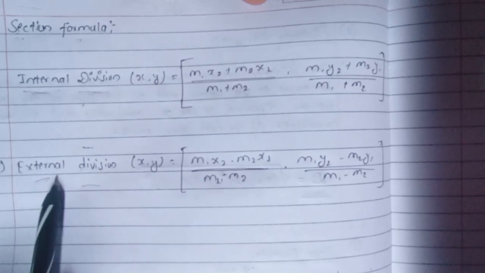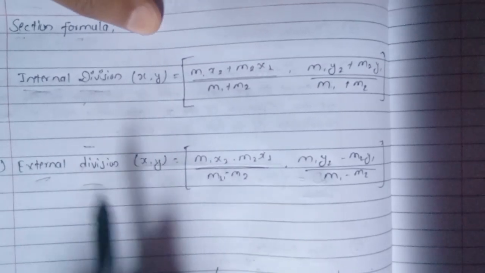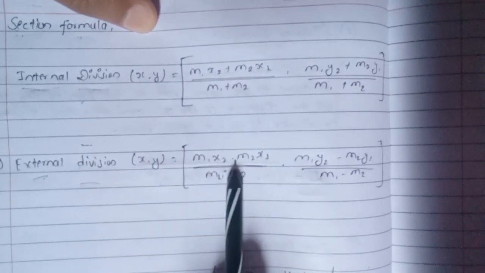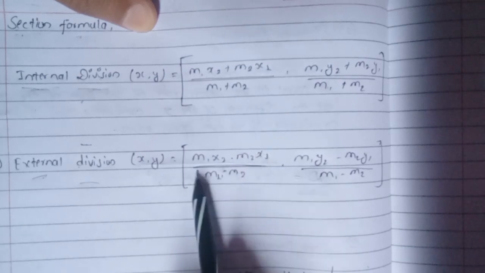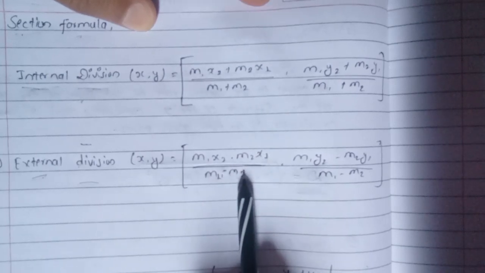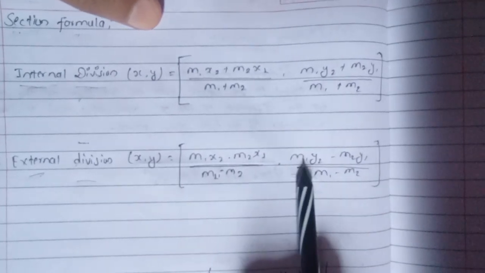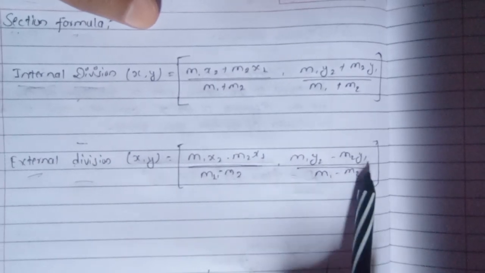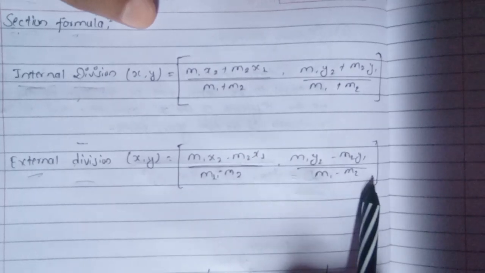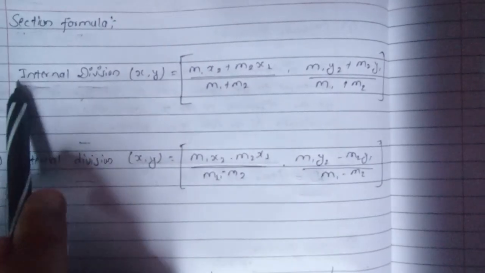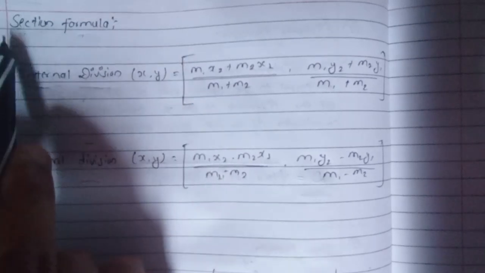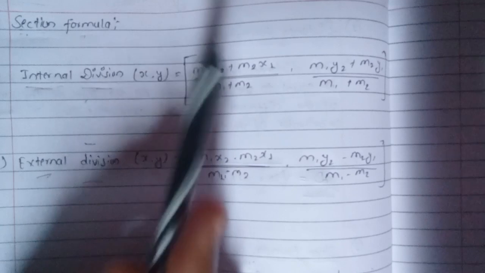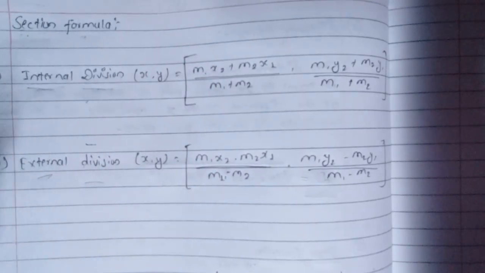For external division, x comma y, we apply the formula m1 x2 minus m2 x1 whole upon m1 minus m2, comma m1 y2 minus m2 y1 whole upon m1 minus m2. These two formulas are important for internal and external division.